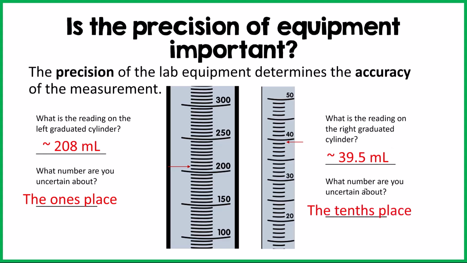Here we are uncertain about the tenths place, though, because we can measure ones very easily here. We've got 30 down here, so this is 31, 32, 33, 34, 35, 36, 37, 38, 39. So it's somewhere between 39 and 40, but we don't know about that tenths place. So it could be 39.4, it could be 39.7. We have some uncertainty there for the tenths place.